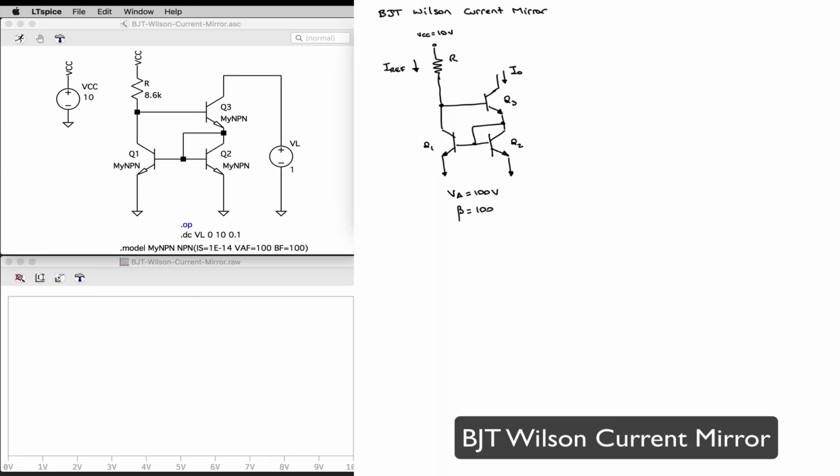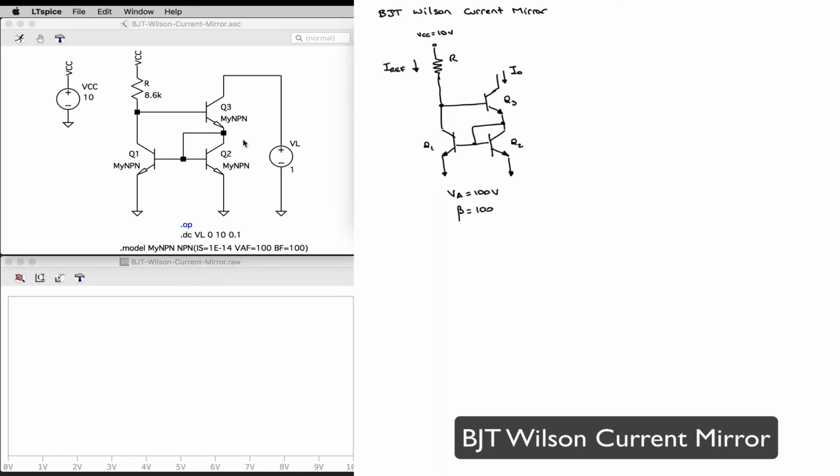Let's take a look now at the Wilson current mirror, and it resembles very much the base-compensated current mirror, except now we have moved Q3, so it is actually in series with the output transistor Q2, and we've also switched our diode connected transistor from Q1 to Q2.